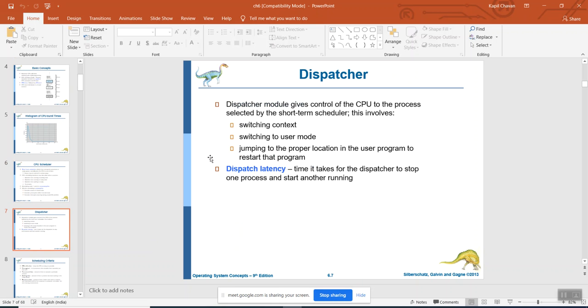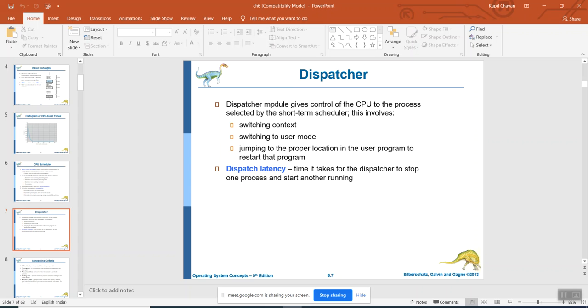Now we'll move to the next point, the dispatcher module. The dispatcher module gives control of the CPU to the process selected by the short term scheduler. Means when one process is in a running or waiting state, the scheduler has to give control to the CPU again.